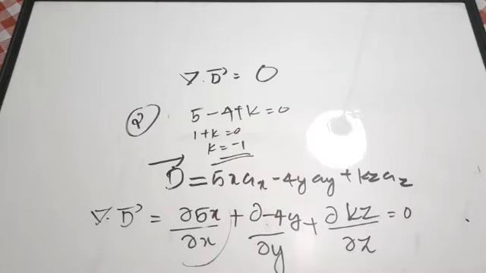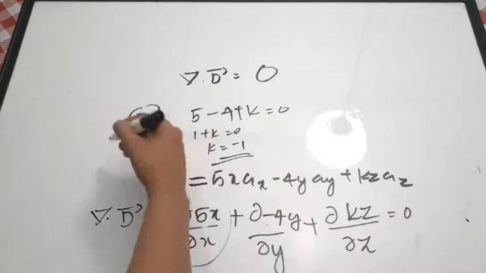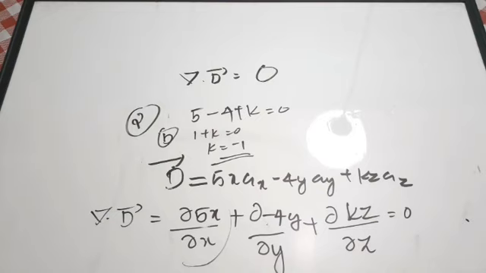So the correct option here is option B, which is minus 1, is your correct option for your second question. I hope it is clear. In this question, you have been given the D, that is the flux density. And also, you have been given the magnetic flux density, but you don't have anything to do with that term here. You need to find only the value of K. It is given sigma equal to 0 and rho V equal to 0.